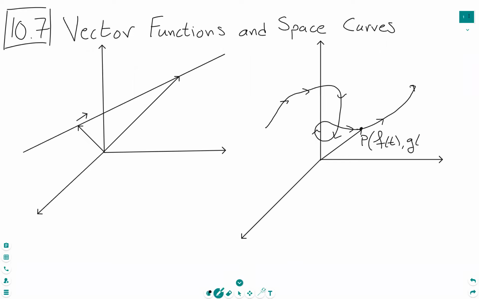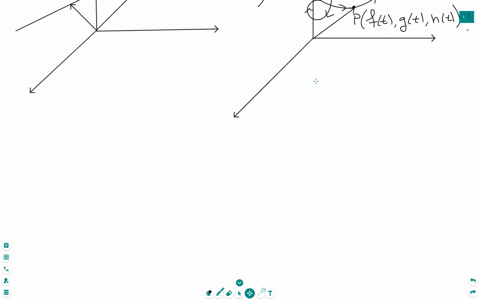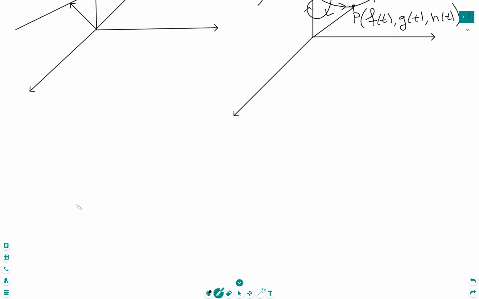So we'll have an f of t, a g of t, and an h of t. And that all details how this particle moves along this curve here. Well, the vector that's pointed to this point P, we can write as R.